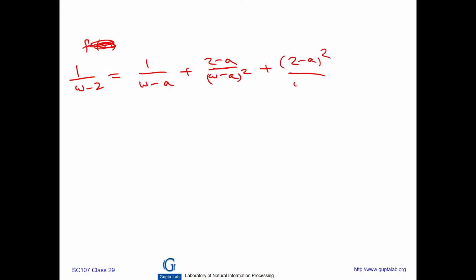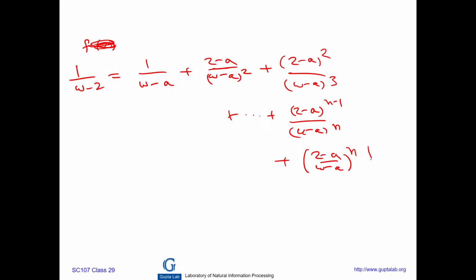So 1 over w minus z is equal to, first of all, 1 over (w minus a) plus (z minus a) divided by (w minus a) whole square plus (z minus a) whole square divided by (w minus a) whole cube, up to (z minus a) whole raised to power n minus 1 divided by (w minus a) raised to power n, plus ((z minus a) divided by (w minus a)) raised to power n times 1 over (w minus z).